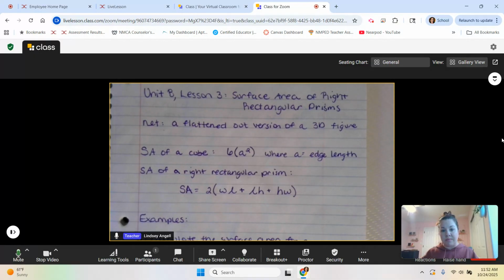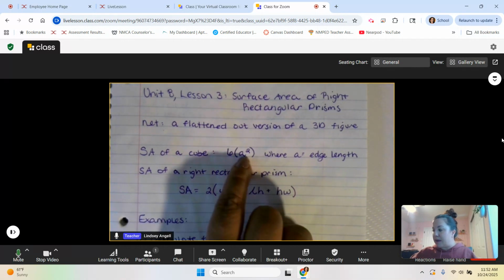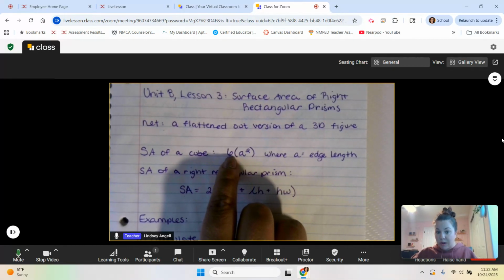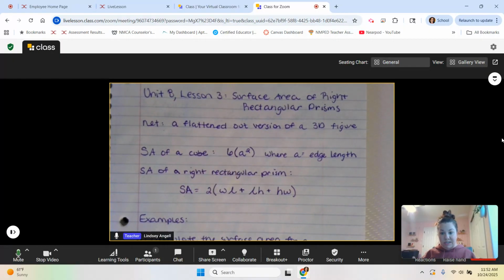To find the area of one face, you would do length times width, but those are the same length, so we can use one variable to represent the edge length. This is length times width, or a times a, or a squared. There are 6 faces, so we multiply that area by 6, and that gives us the surface area of the entire figure.